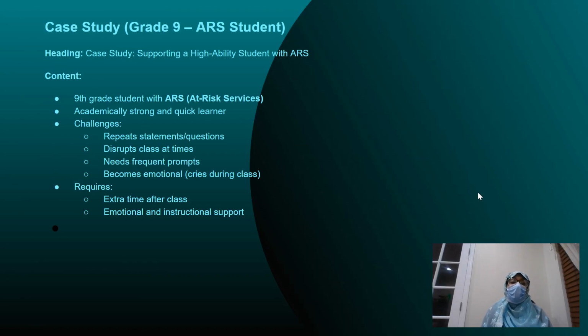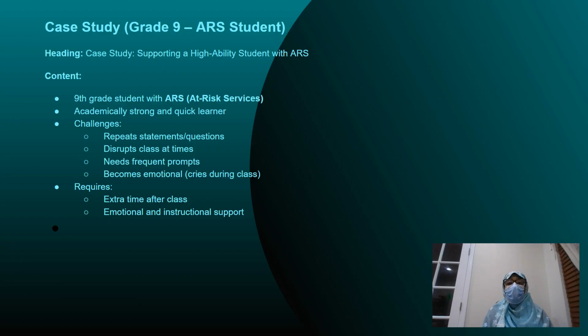And here I took a case study; there are more than one or two. So in general, I put a scenario that usually happens with ARS students: supporting a high ability student with ARS. It could be a ninth grade student with ARS, at risk services.